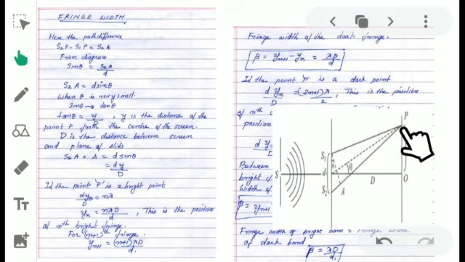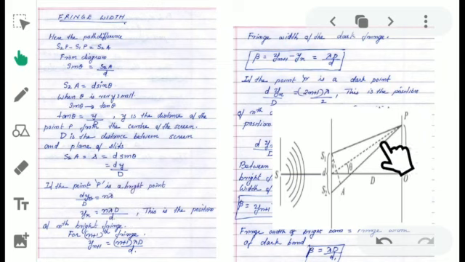Tan theta is equal to OP upon D, that is, tan theta is equal to y by D. Then the path difference S2A, that is delta, is equal to d sin theta. Sin theta is nearly equal to tan theta, and we have seen that tan theta is equal to y by D, so delta is d into y upon D.